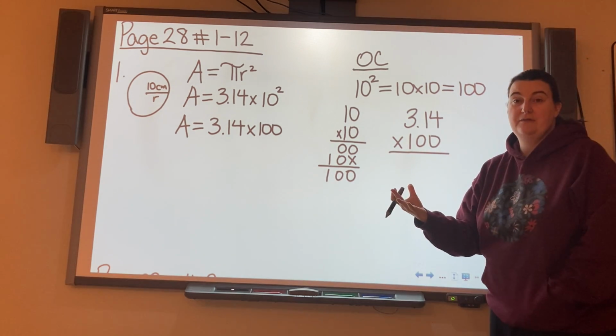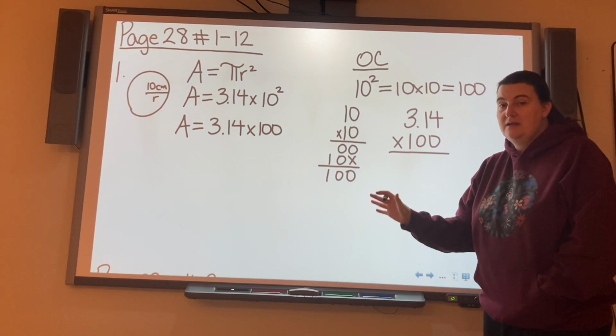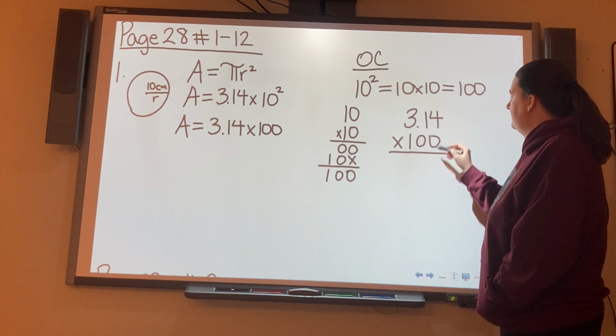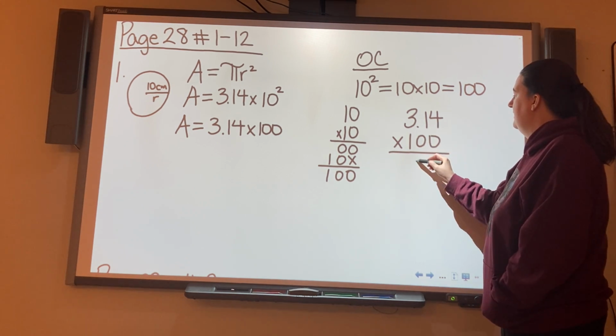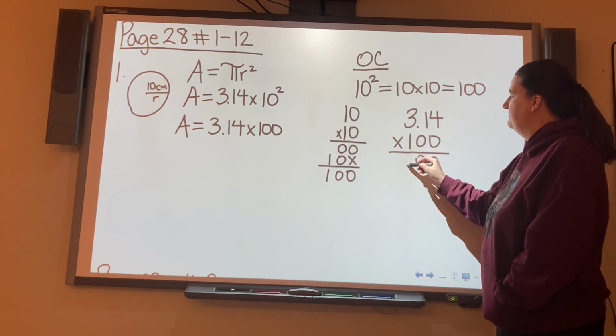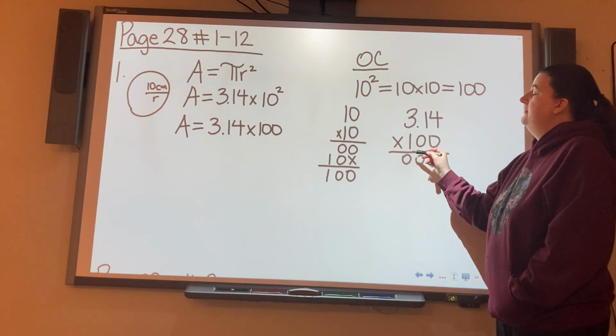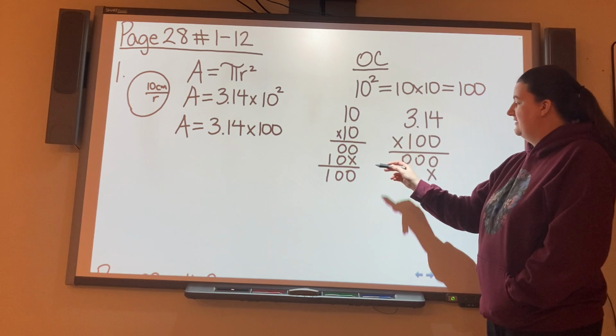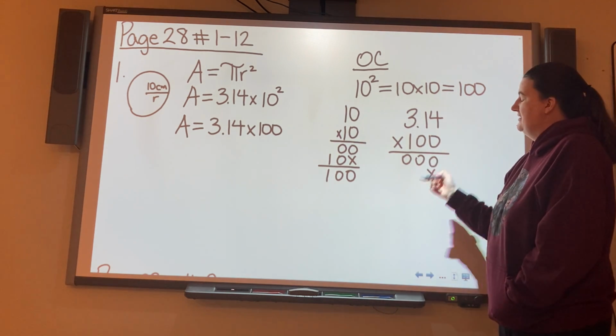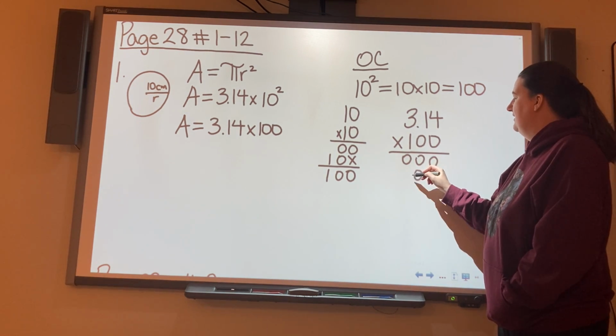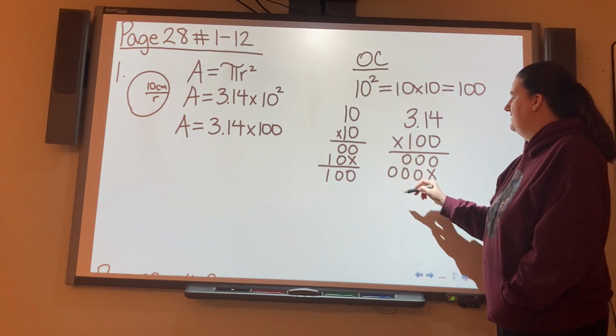And we all know, anything times 0 is 0. So 0 times 4 is 0. 0 times 1 is 0. 0 times 3, still 0. Put your x. This is also a 0. So I know that my answers are going to be 0. Anything times 0 is 0. 0 times 4, 0 times 1, 0 times 3.